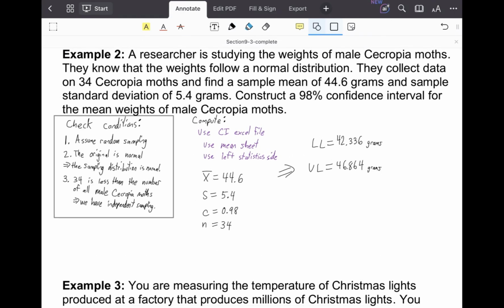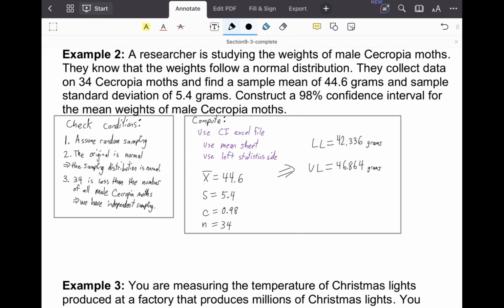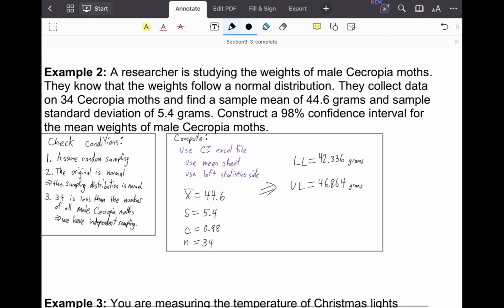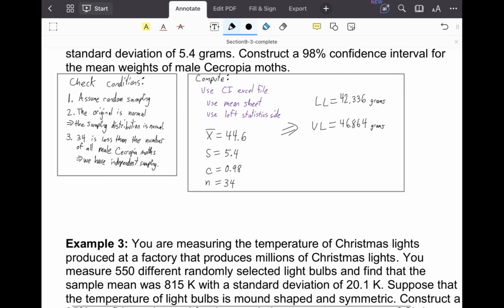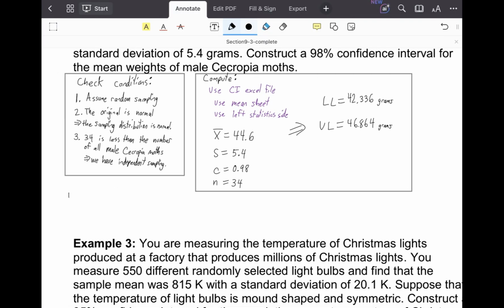Okay, now our last step, we need to interpret the results. So let's write down here.